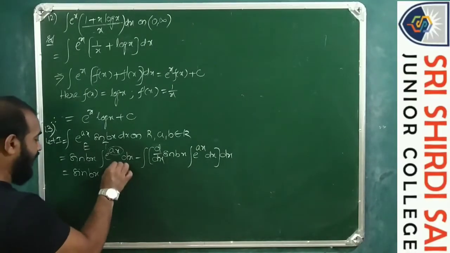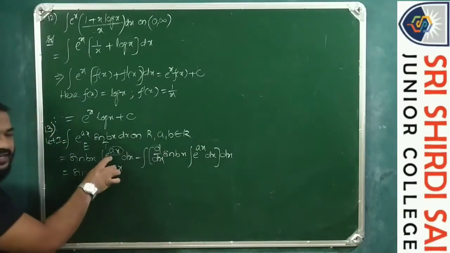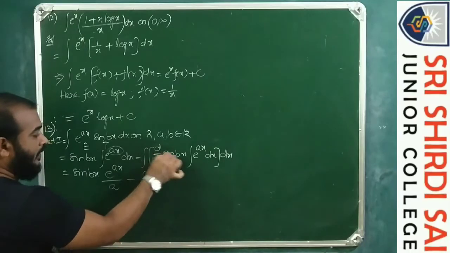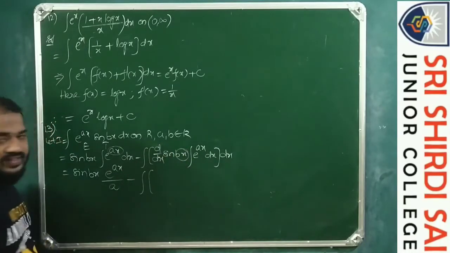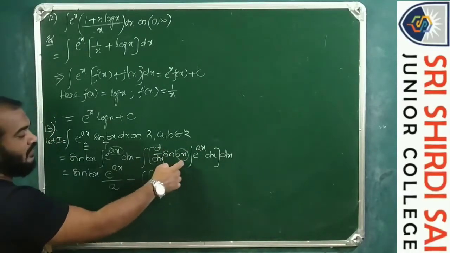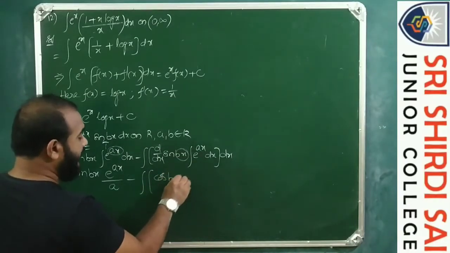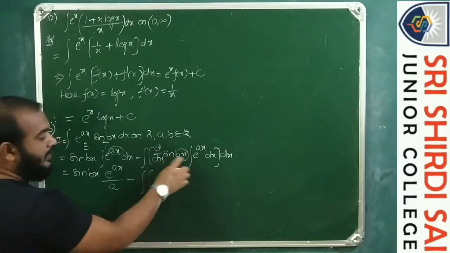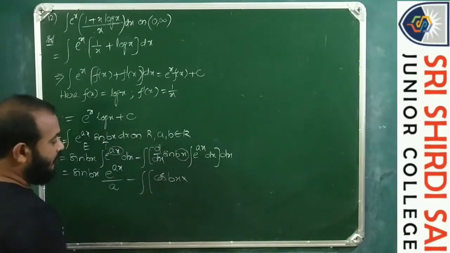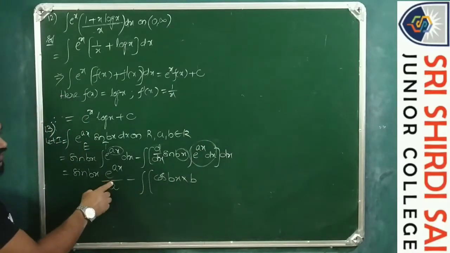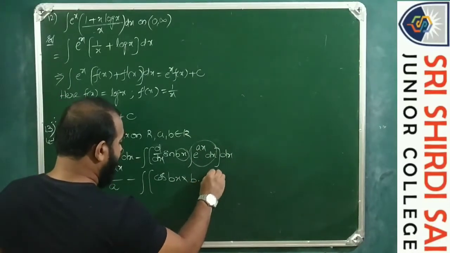So e power ax by a, where a comes from d by dx of ax, minus integral of d by dx of sin bx. Let us treat it as x. What is d by dx of sin x? Cos x. So cos bx into d by dx of bx, which is b. Integral e power ax dx we have seen, e power ax by a.